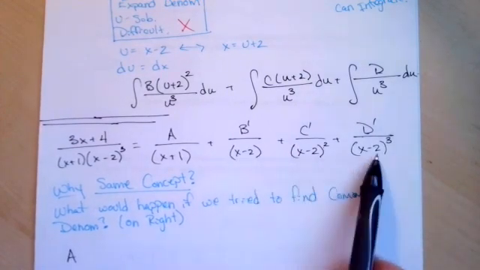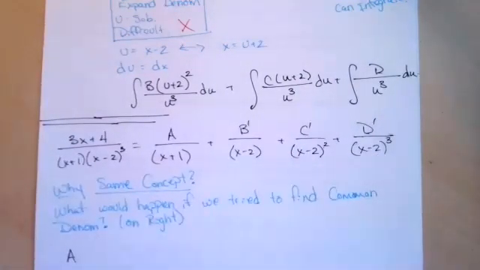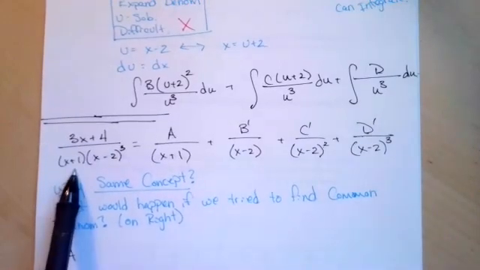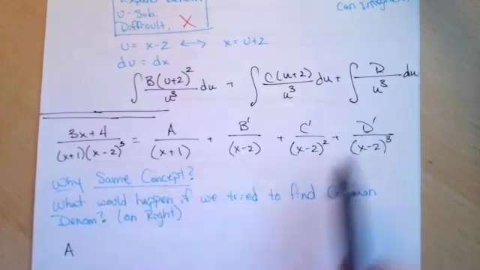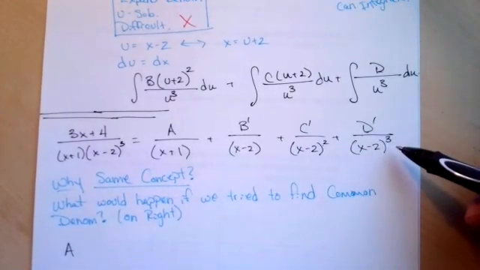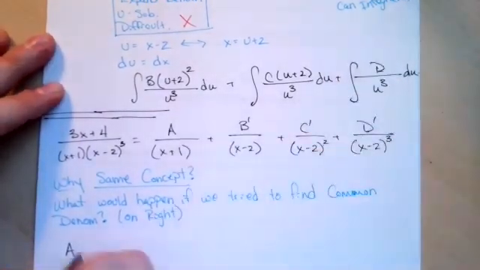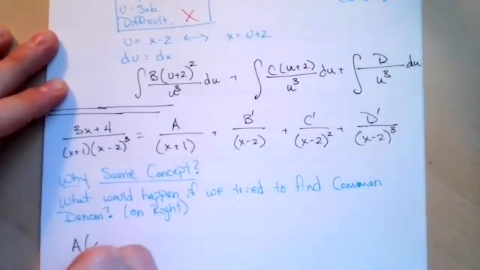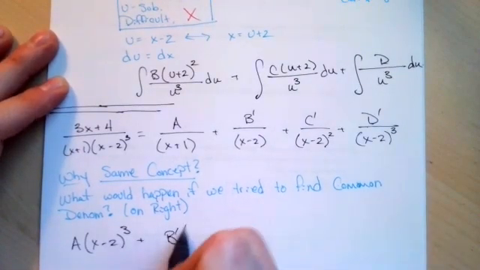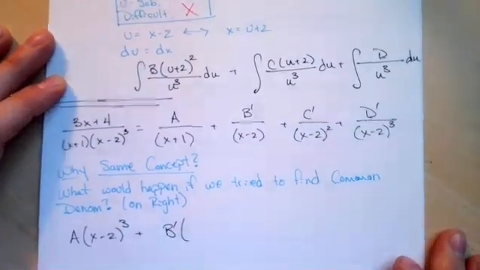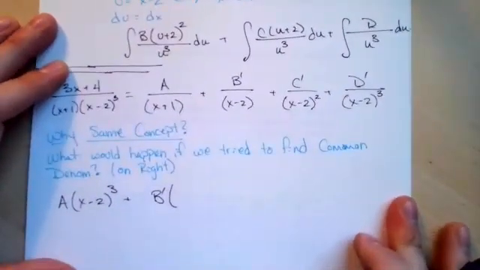But of course, if our denominators are the same factor, just with different multiplicities, our common denominator is going to be the one we started with. It's just going to be the individual factors with the highest multiplicities. So A, of course, we're still just multiplying by x minus 2 cubed over itself. Our new B prime, what are we going to have to multiply this guy by in order to find a common denominator?